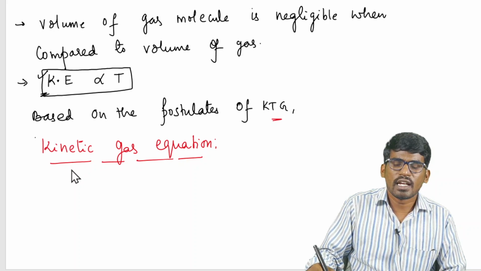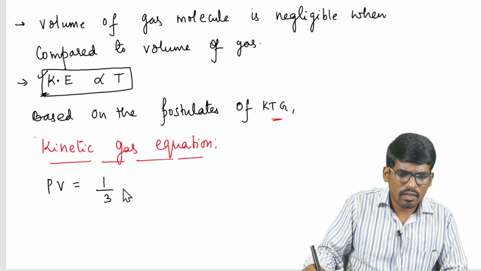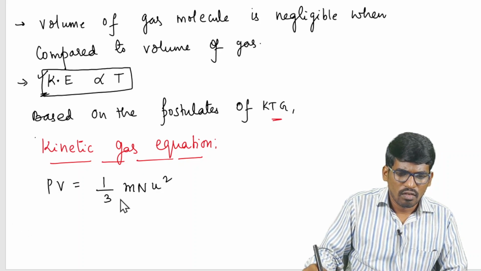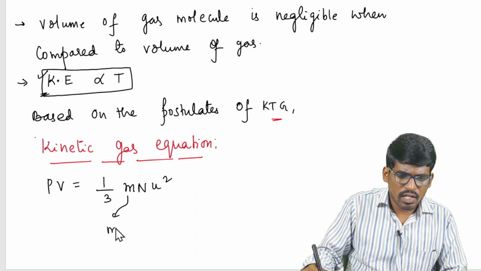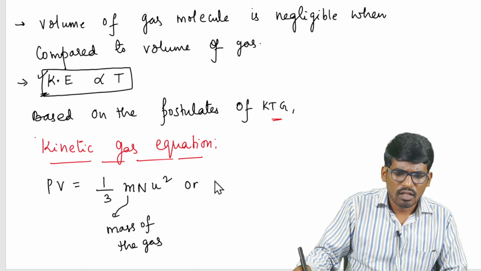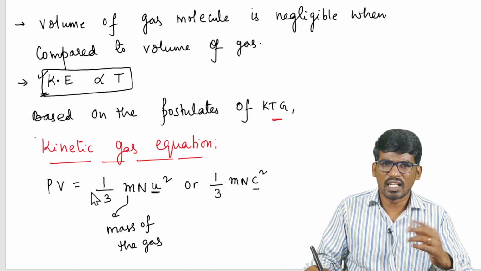And that kinetic gas equation can be given as PV = 1/3 mnu², where m is the mass of the gas. I can also write it as 1/3 mnc², either u or c, anything can be taken.